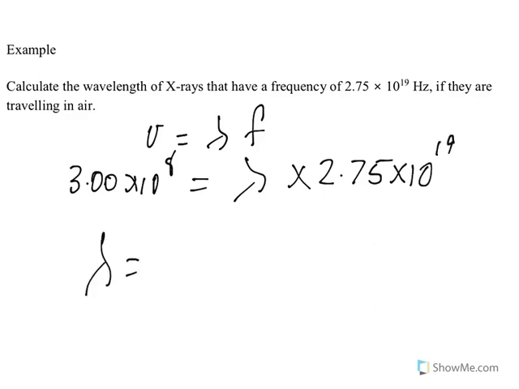If you then divide both sides by 2.75 by 10 to the 19, you get 1.09 by 10 to the minus 11 metres. And light is not quite as short as that, so X-rays have a shorter wavelength than light.